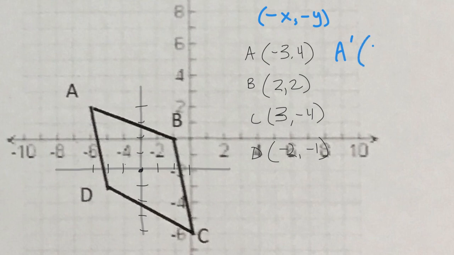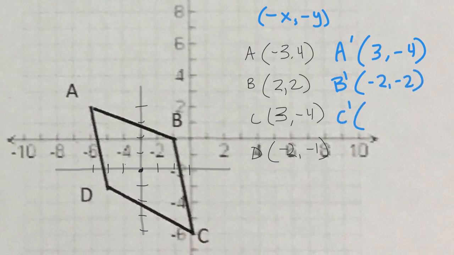So A prime is at (3, -4). B prime is at (-2, -2). C prime is at (-3, 4). D prime is at (2, 1). We're applying our standard rule with coordinates that aren't actually on your system right there.